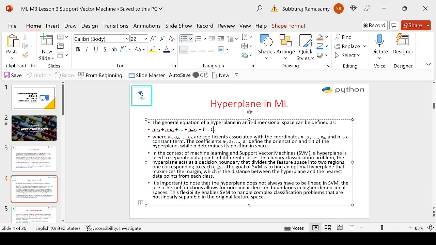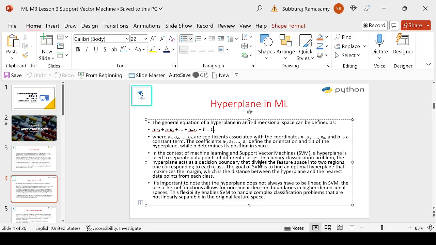Classes are nothing but those customers who bought the car and those who didn't. Or if you take the Iris dataset, of course, there will be three classes. If you talk about customer churning, customers who churned and customers who did not churn are two classes.